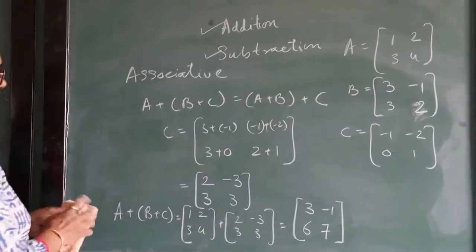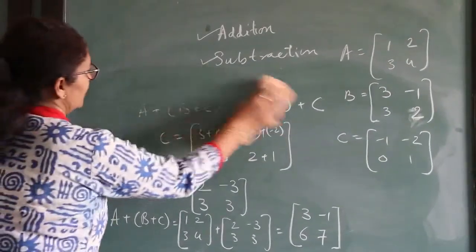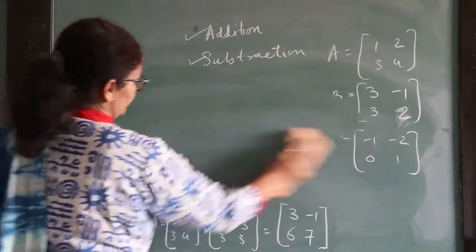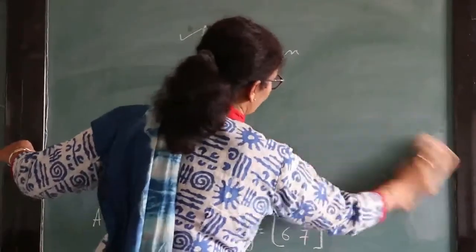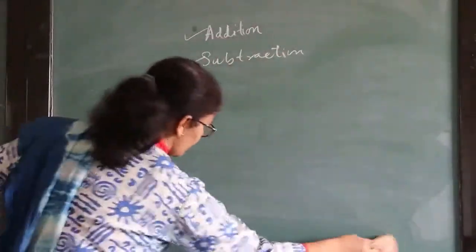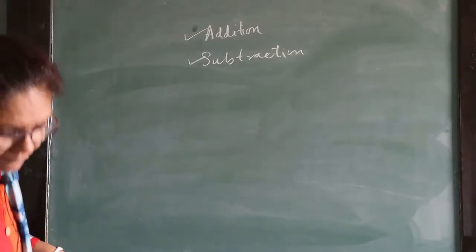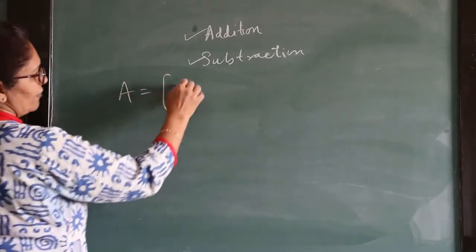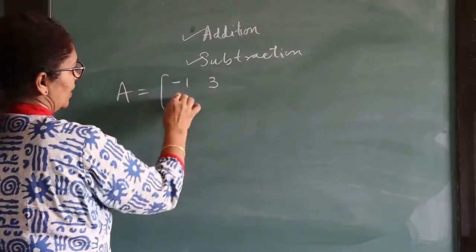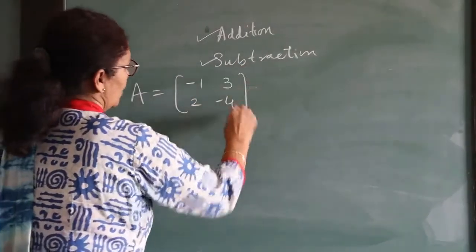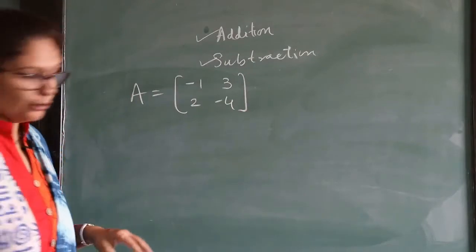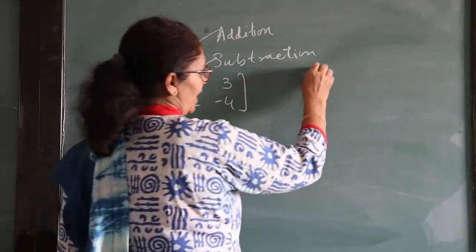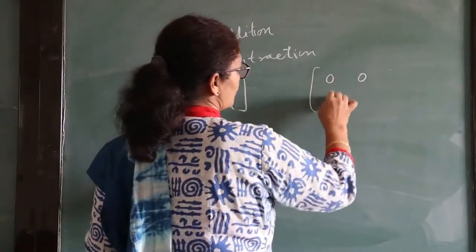Now we will discuss third law. After associative, our third rule will be 0 is the neutral number for addition. So if we have taken matrix A as minus 1, 3, 2, minus 4, what is the 0 matrix? Neutral number for addition, that is 0, 0, 0, 0.